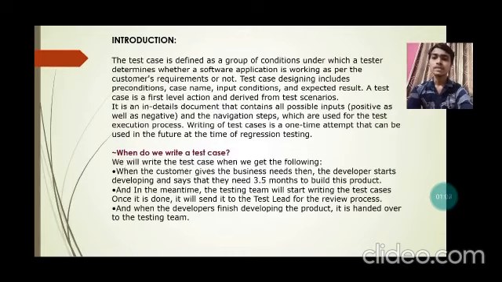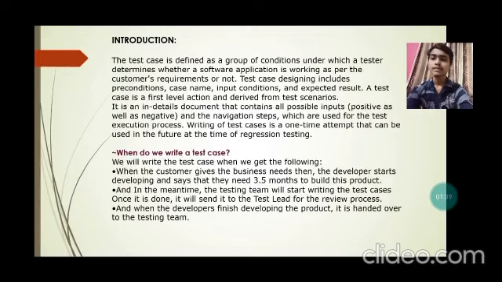Writing of test cases is a one-time effort that can be used in the future at the time of regression testing. When do we write a test case? We write the test case when the customer gives the business needs, then the developer starts developing and says that they need 3.5 months to build this product, and in the meantime the testing team will start writing the test cases.